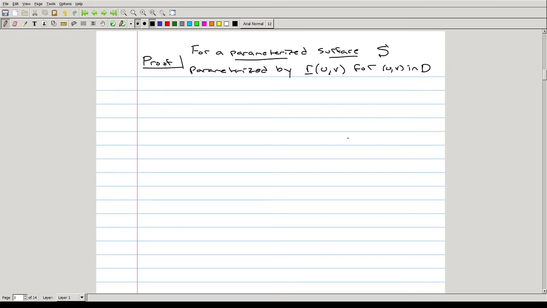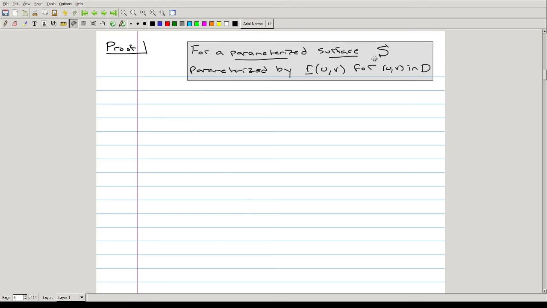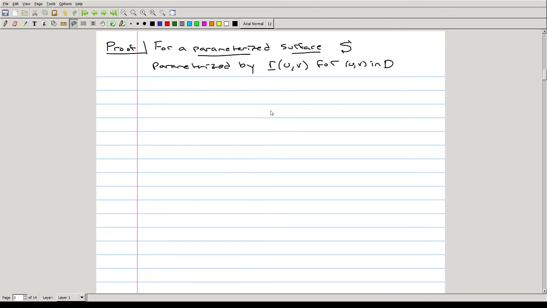We've seen that all the surfaces we'll be interested in have nice parametric equations that we can write the surface as. So this is the first thing.